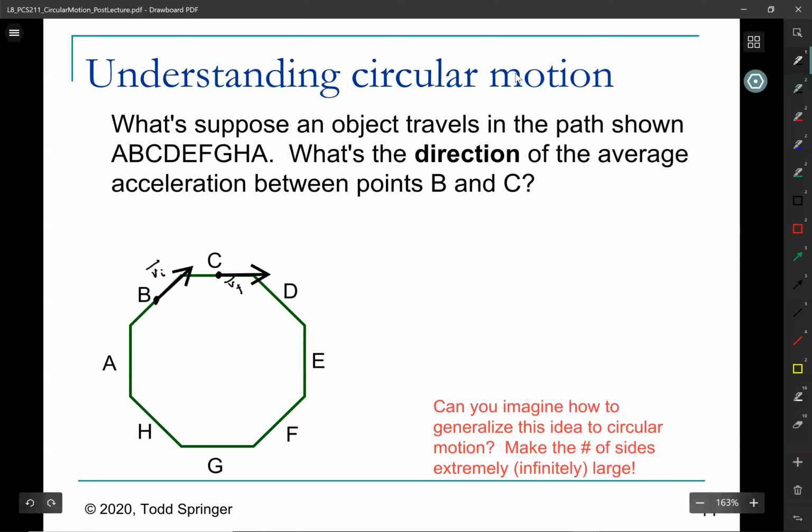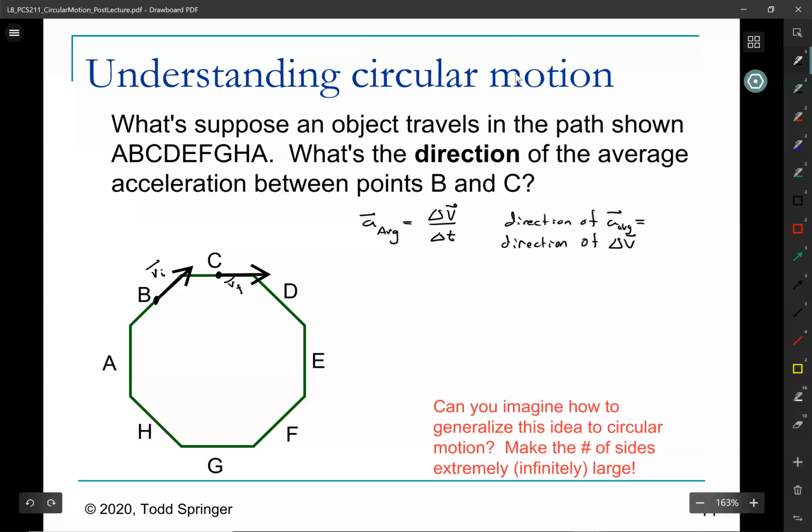Now, remember, the average acceleration is the change in velocity divided by the change in time. And the direction of the acceleration is the same as the direction of the change in the velocity.